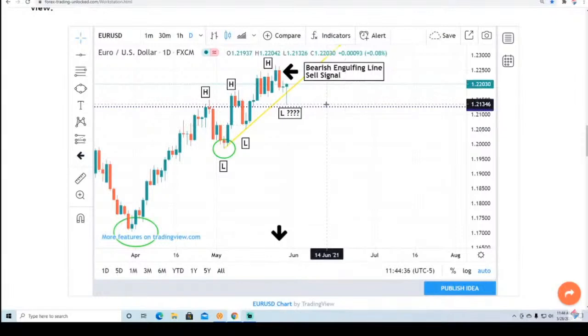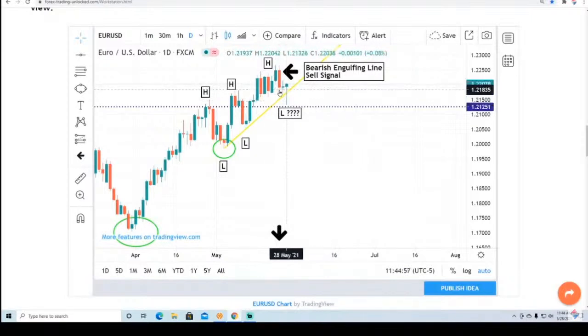Also, if you're being disciplined, once it hits very close to the sell target, usually you want to lower your protective stops. So in this case, and this is something you always want to take into account, since you sold the market, the entry price would have been the close of this day, which was $1.2192.